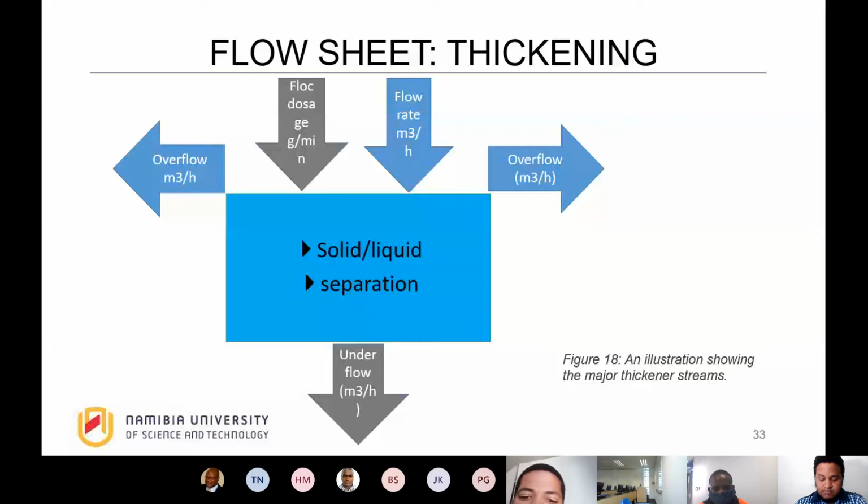And then we have our underflow, where we would expect to have our solids that will be pumped to the tailings storage facility. And the solids content is in the range of 55 to 65%. Yes.